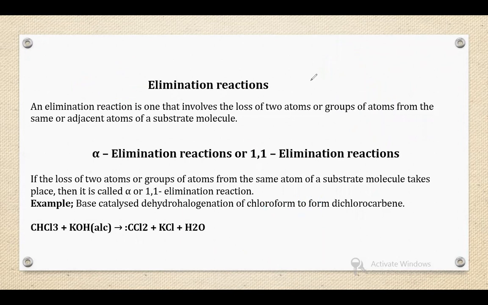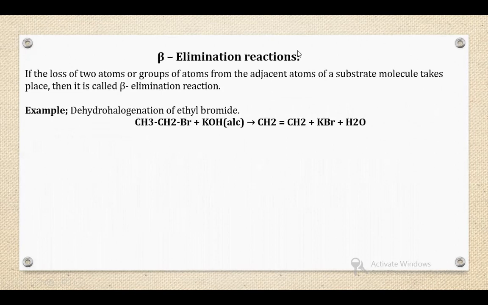Another is called beta elimination. In beta elimination, loss of two atoms or groups of atoms takes place from adjacent atoms of the substrate molecule, not the same carbon but the next adjacent one. Take dehydrohalogenation of ethyl bromide: removal of hydrogen and halogen.